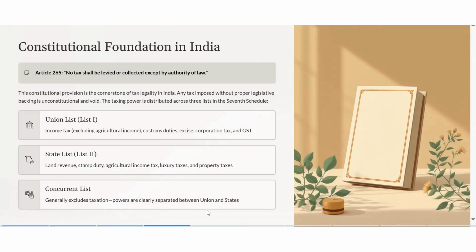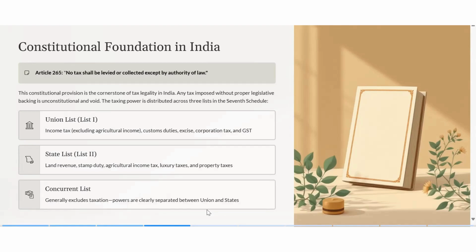So union list: income tax is a union list subject, excluding agricultural income; custom duties, excise, corporation tax, and GST come under the union list, meaning thereby the union government has power to make law when it comes to tax collection over these subjects.